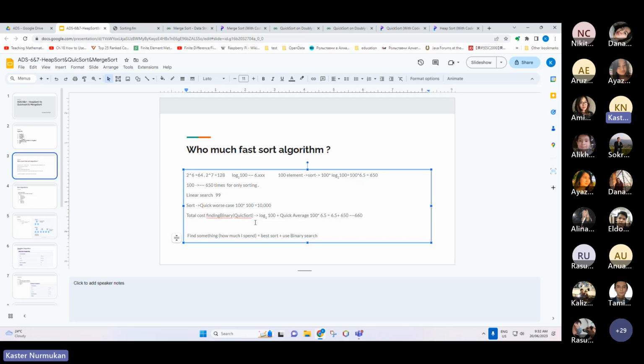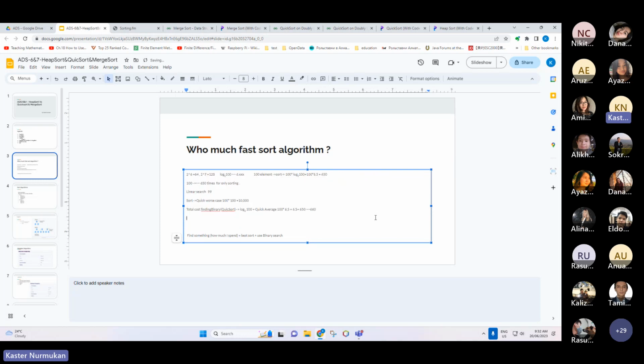But if I'm using binary search, 1 million elements should be 20 times. But I want to sort first, but sorting will be very costly, right? Sorting 1 million elements should be very costly.